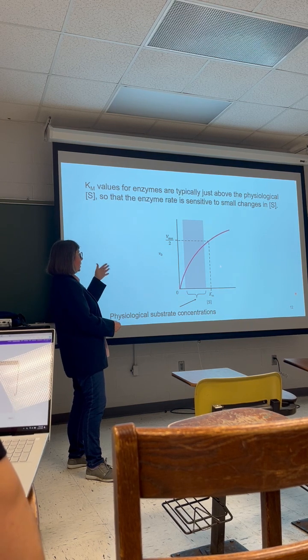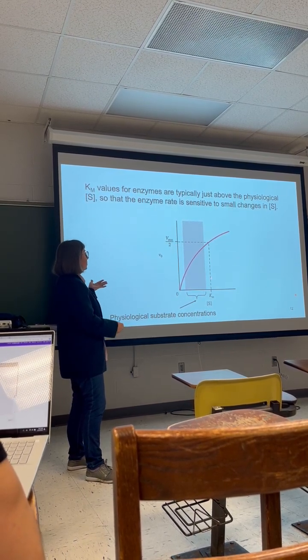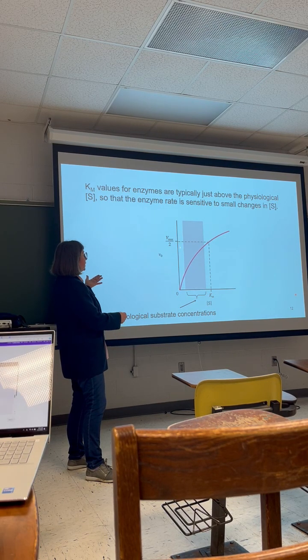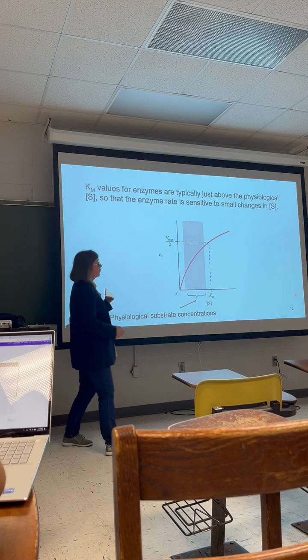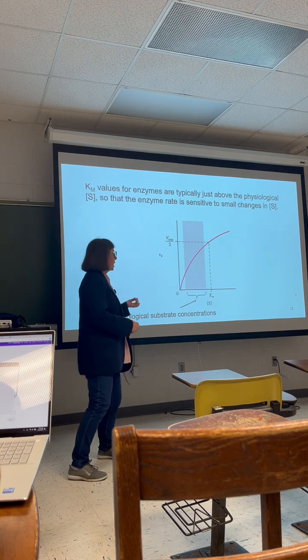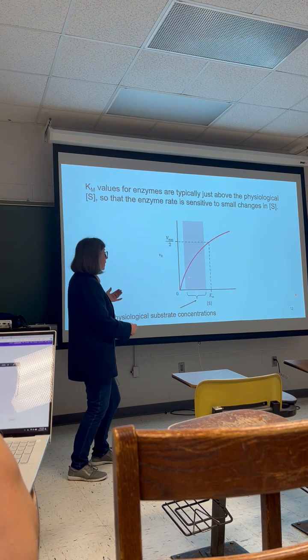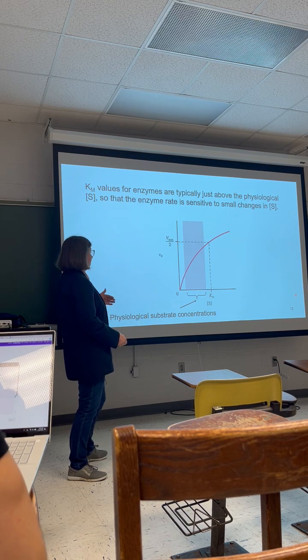So if you think about substrate being converted to a product by an enzyme, and this enzyme has a Km value shown here, physiological substrates in cells would be below Km. And that is very advantageous, because enzymes, with the V0, can respond very quickly to changes in the substrate concentration.